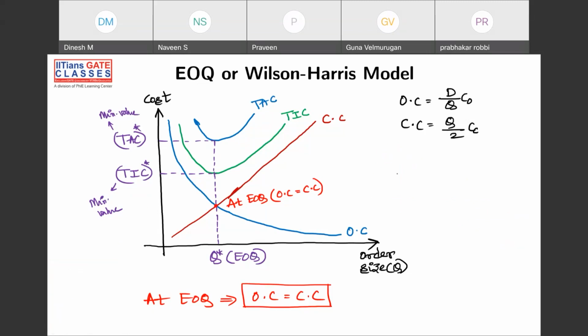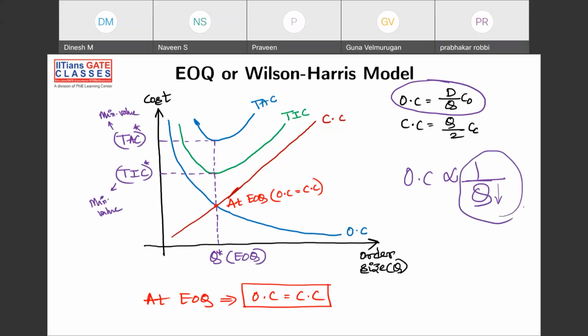One is your ordering cost. Ordering cost is inversely proportional to the quantity. I told you why: if you're ordering less quantity, the ordering cost is more.